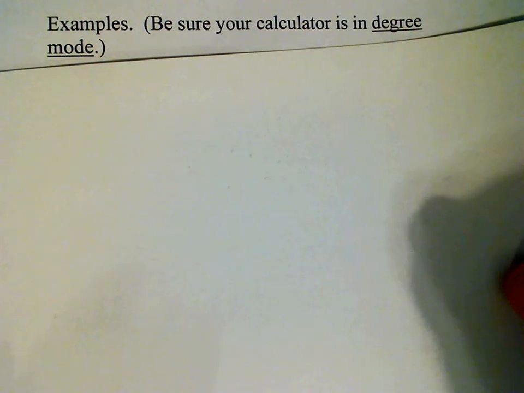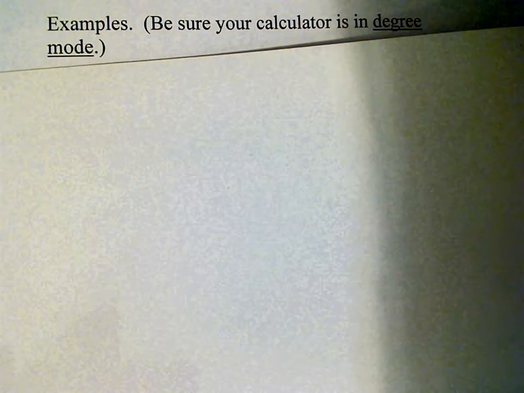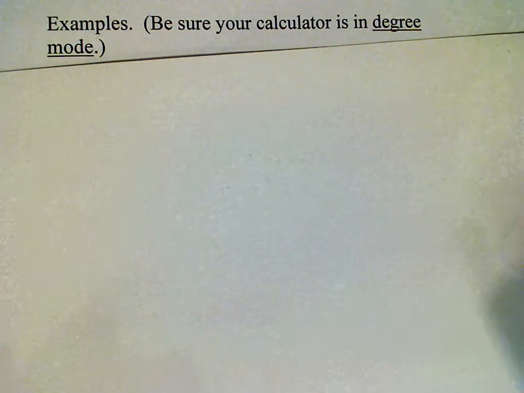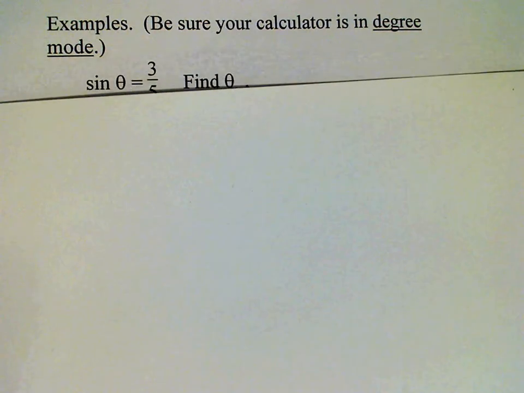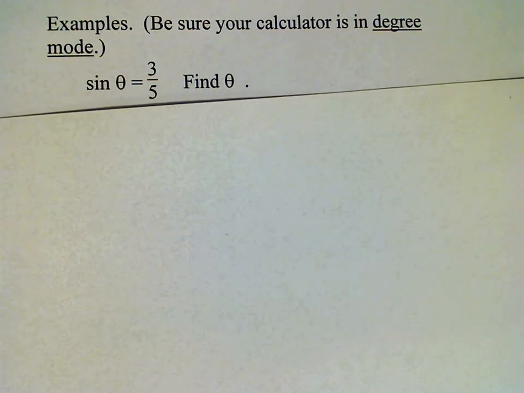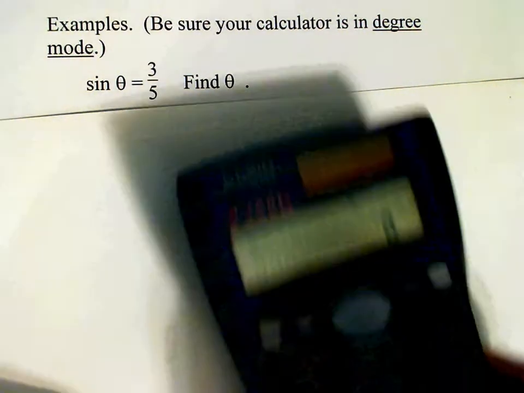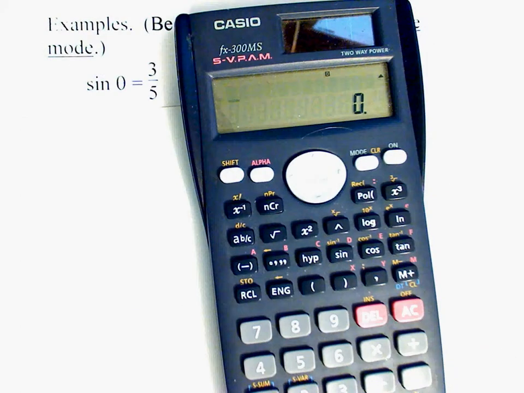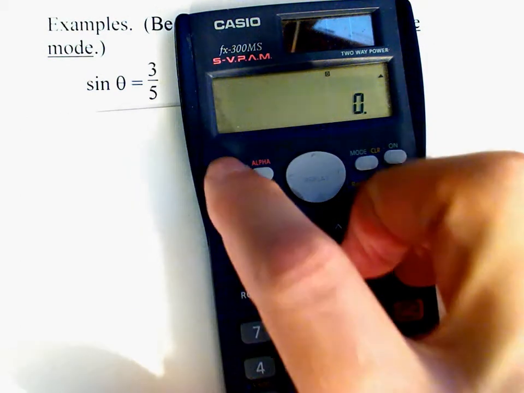Let's do a few more examples. And once again, please be sure when you work these examples that your calculator is in degree mode. Okay, we have the sine of theta is equal to 3/5. Find theta. This time we're going to need the inverse sine.